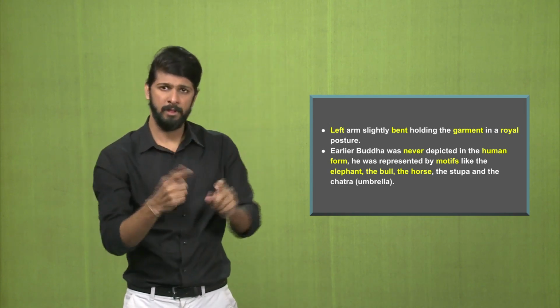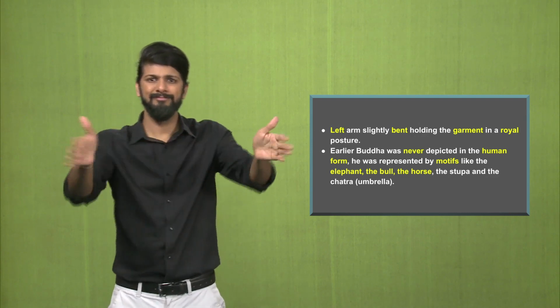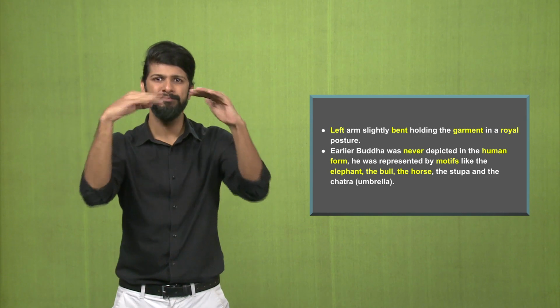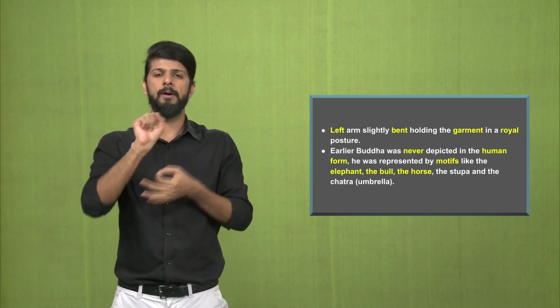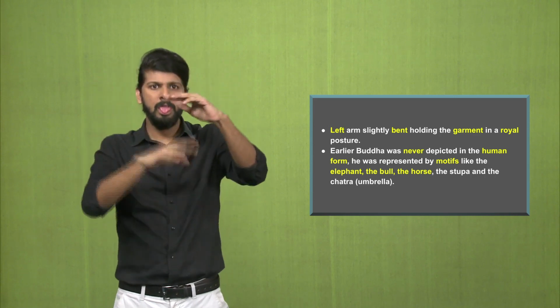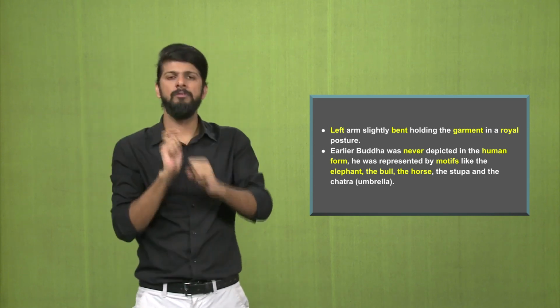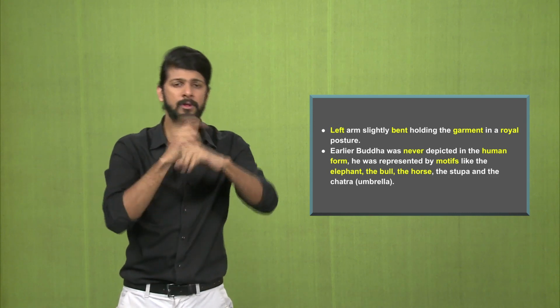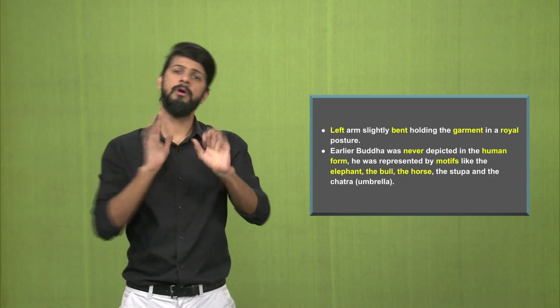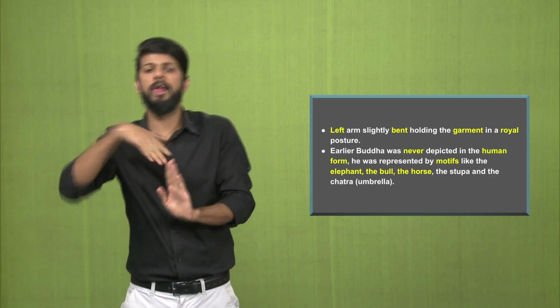There were also stupas which were built, which symbolized Buddha. They were used for religious purposes, and umbrellas or the chhatras, all of these were forms of depiction of Buddha. But before the standing Buddha, there was no human depiction of Buddha in a sculpture form.